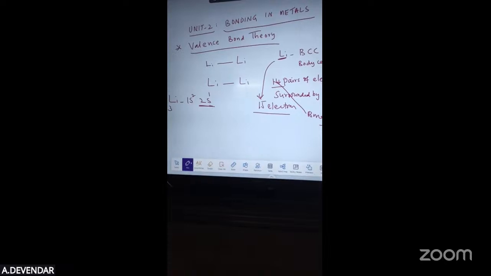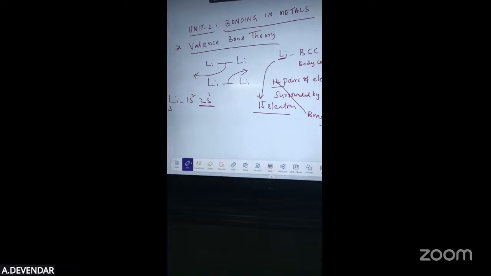This is how the valence bond theory is explained here with the electrons. The ions are surrounded by the other atoms, and they form a link between the remaining atoms.